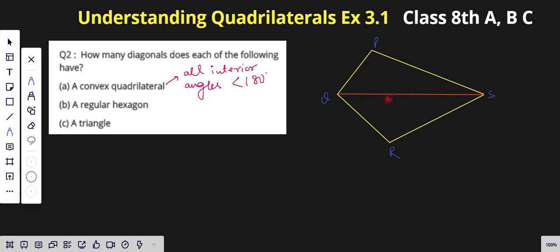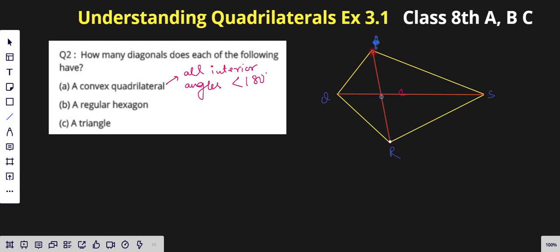Now this is the first diagonal QS, so I'll write 1 on it. Then the second diagonal can be drawn like this. So two diagonals are possible in the case of a convex quadrilateral.